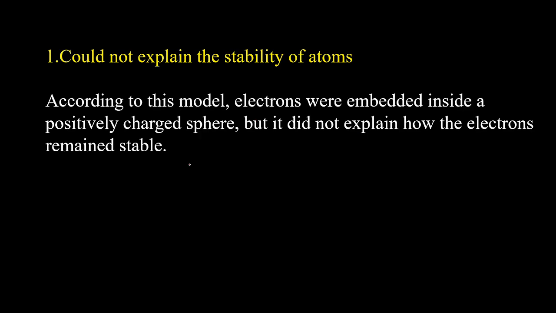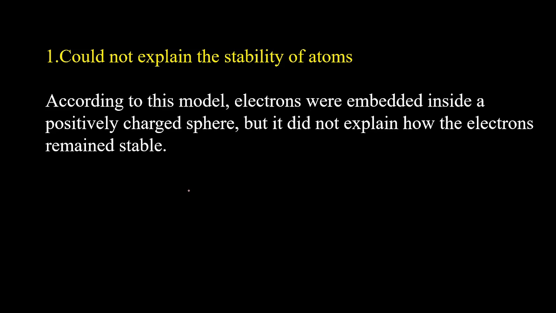J.J. Thomson's atomic model could not explain the stability of atoms. According to this model, the electrons were embedded inside a positively charged sphere, but it did not explain how the electrons remained stable there. As the electrons are fixed inside the positively charged sphere, they are not revolving around the nucleus, they only have vibration or rotation about their own axis.